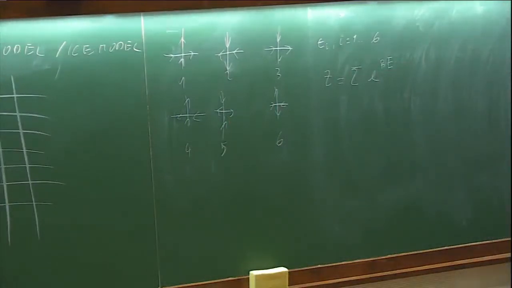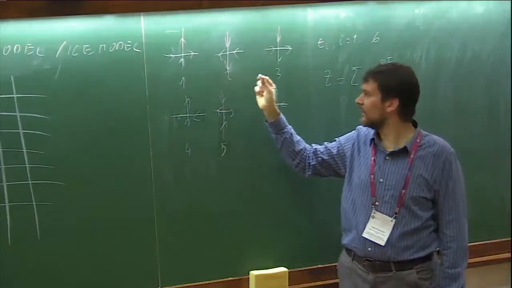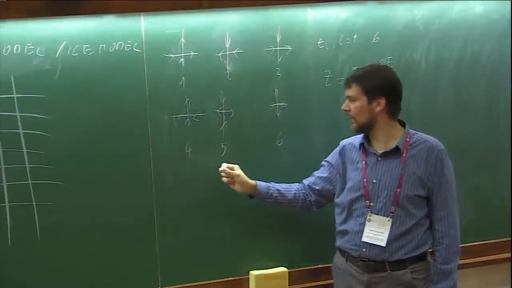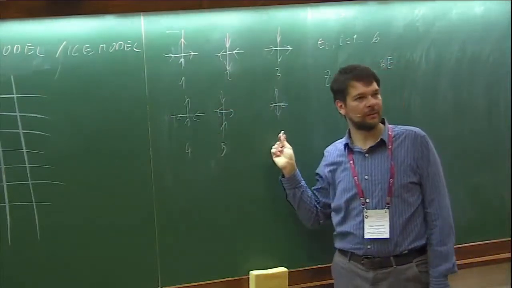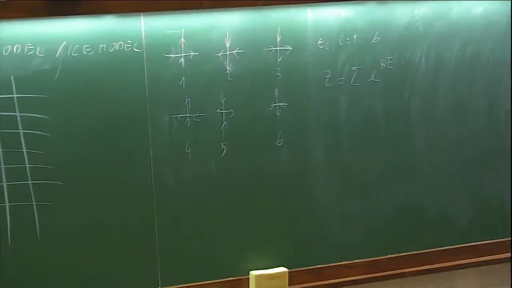So the rule is that they are paired, so that 1 and 2 are the negation of one another, 3 and 4 are the negation of one another, 5 and 6 are related by a reversal of all the arrows compared to one another.